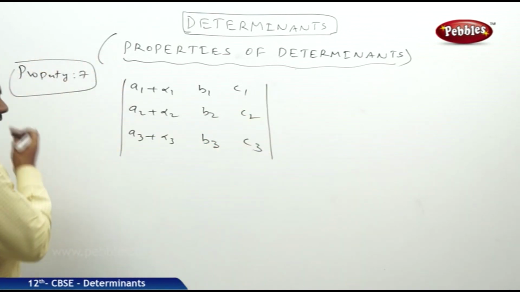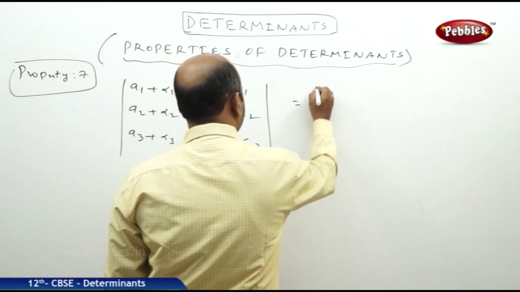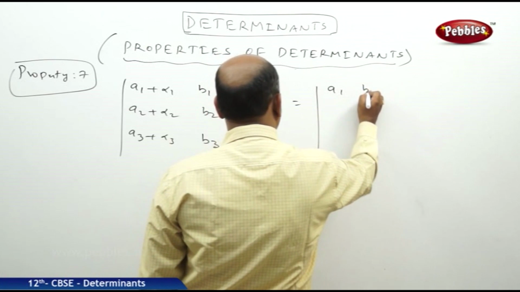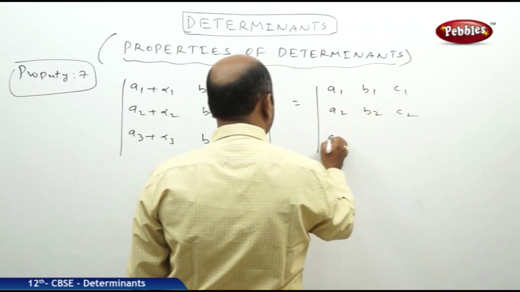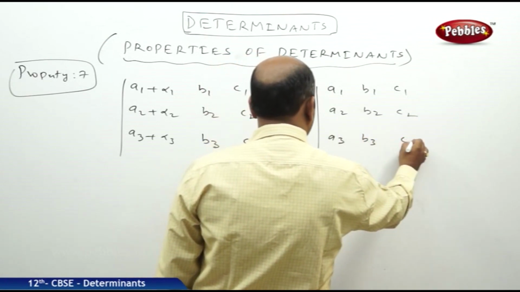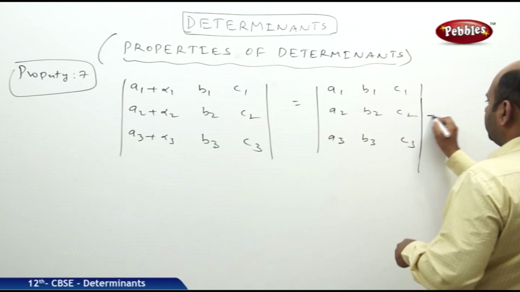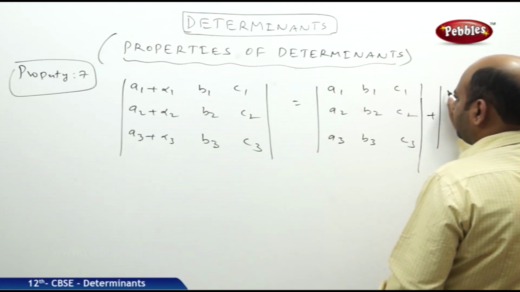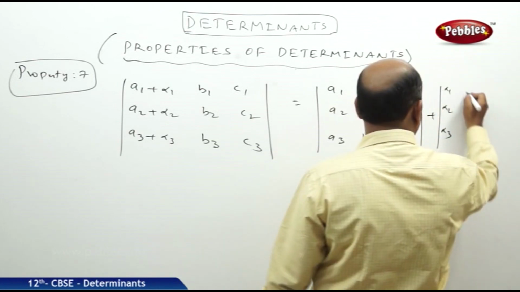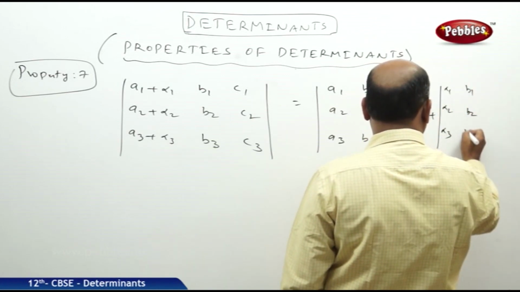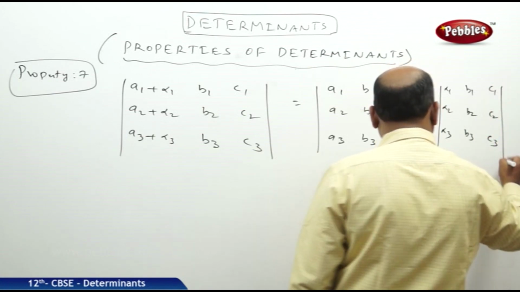If you observe carefully, this determinant can be split into 2 determinants like this: A1 B1 C1, A2 B2 C2, A3 B3 C3, plus alpha 1, alpha 2, alpha 3, B1 B2 B3, C1 C2 C3.